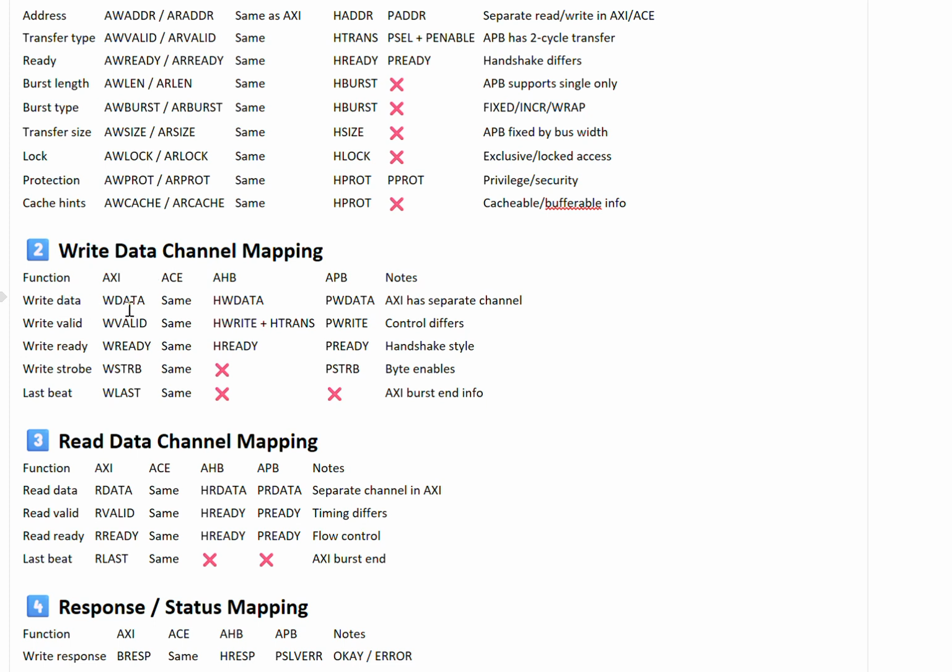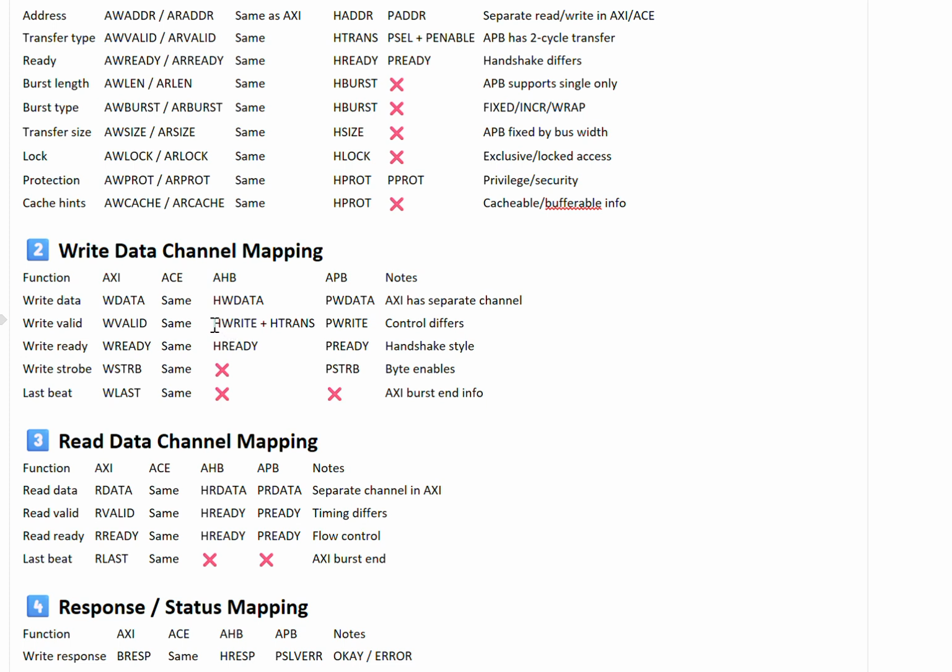For the write data, we have WDATA here, and we have HWDATA and PWDATA. But in case of AXI, we have a separate channel. So write valid is WVALID.